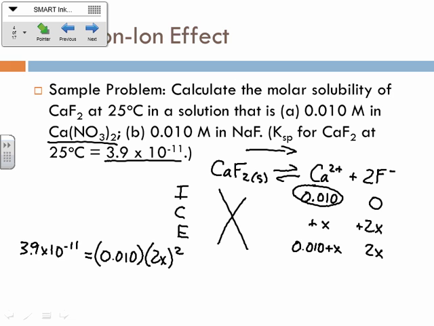Once we calculate all of that, we end up with 3.9 times 10 to the negative 11th is equal to 0.04 x squared. Then when we solve for x here, we're getting 3.1 times 10 to the negative 5th for my x.